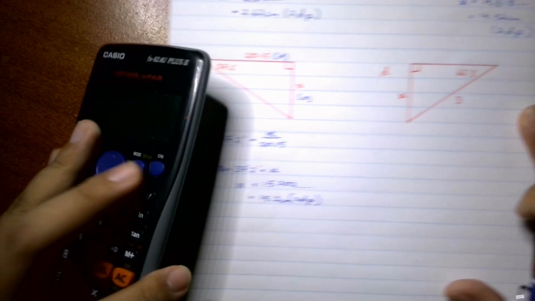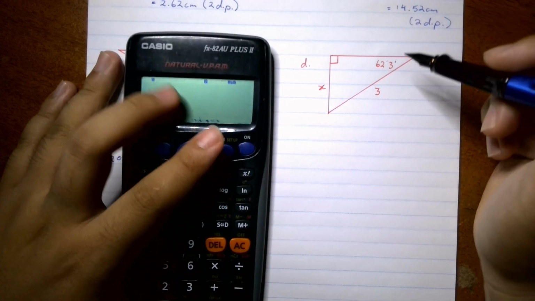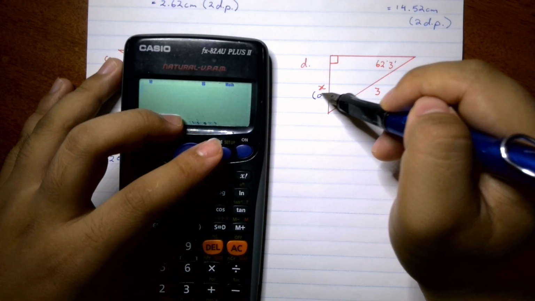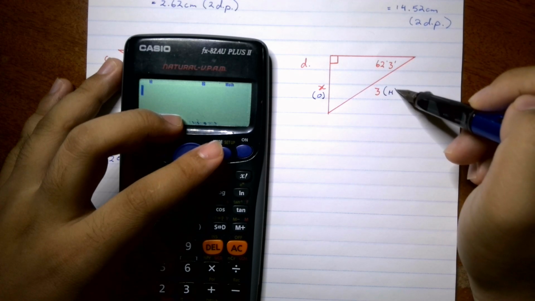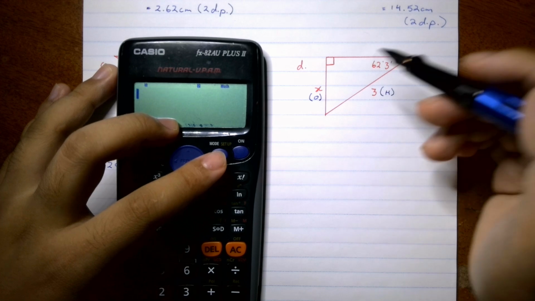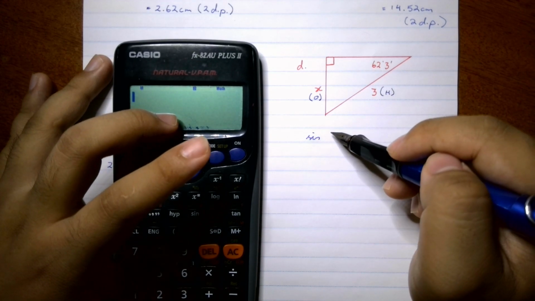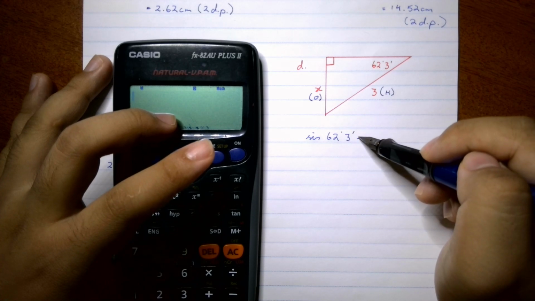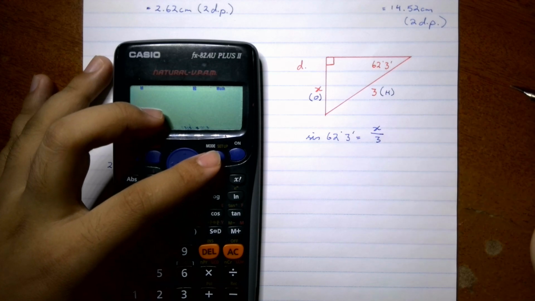One last question for us to cover. Here we go. Lastly, from our angle, we have the opposite, and from our 90-degree angle, we have the hypotenuse. That will give us sine 62 degrees 3 minutes is equal to x over 3.